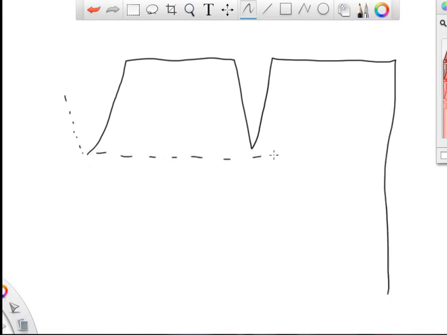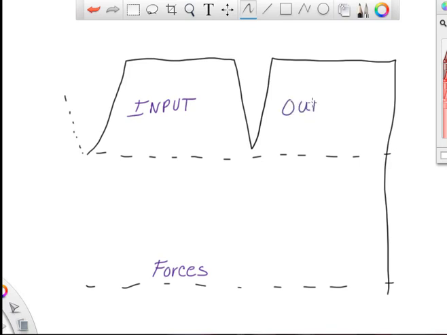And this is the fold line where the flaps open up. Then you have your midway line. And right here you wrote, or I typed, forces. Okay? So let's remind ourselves that this flap is input and this flap is output.